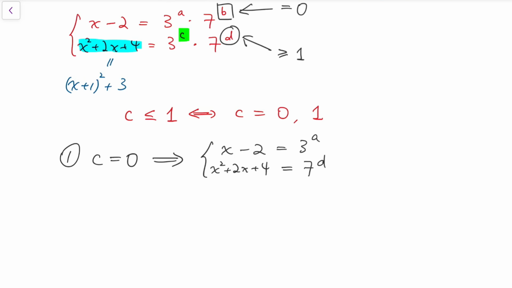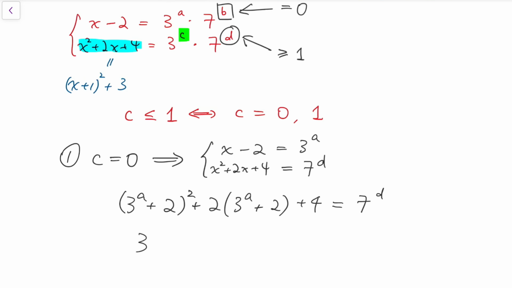Then I'm going to make x the subject of the first equation and put it into the second. So 3 to the power of a plus 2, all squared, plus 2 times 3 to the power of a plus 2, plus 4 equals 7 to the power of d. Simplifying, we have 3 to the power of 2a plus 6 times 3 to the power of a plus 12 equals 7 to the power of d.